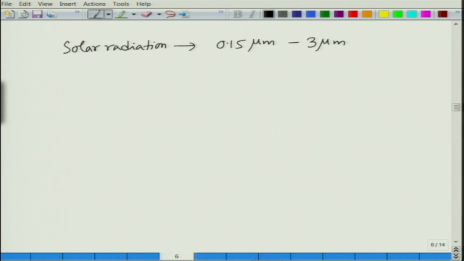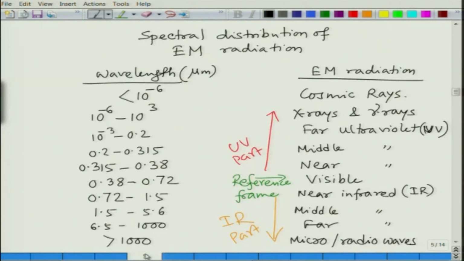If we go back and see 0.15 and 3, where are we? We are in this range where solar radiation is obtained. So, a narrow range, centered around the visible light.